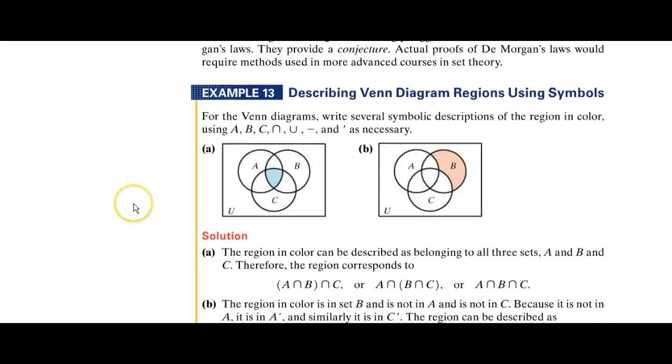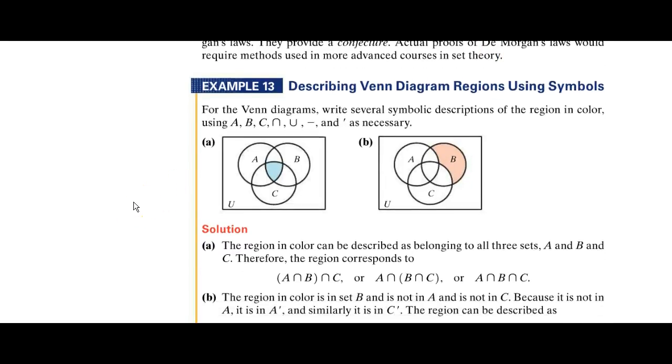All right, example 13, describing Venn diagram regions using symbols.